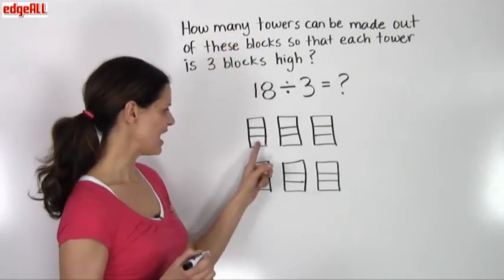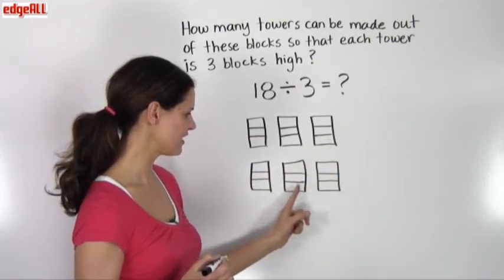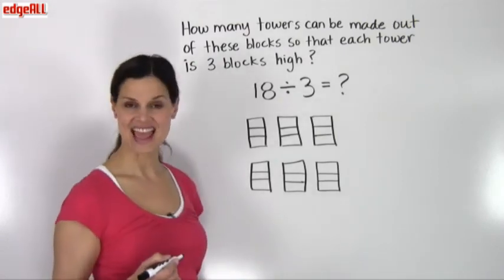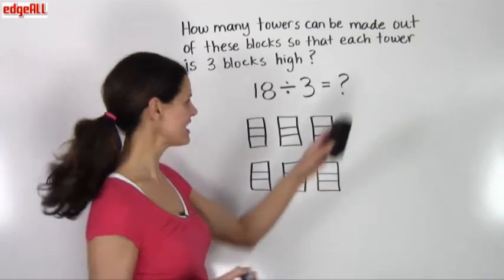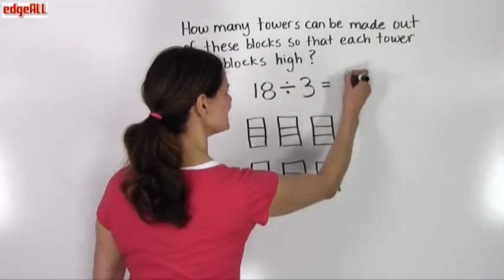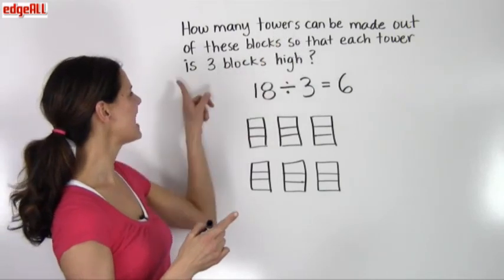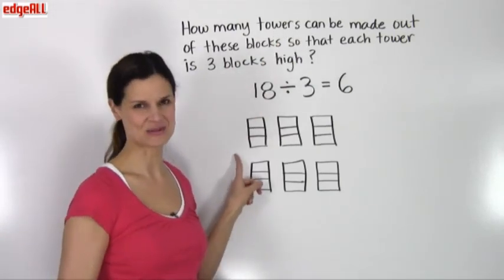I've made 1, 2, 3, 4, 5, 6. And so I can see the answer to my problem: 18 divided by 3 equals 6. I can make 6 towers out of 18 blocks where each little tower is 3 blocks high.